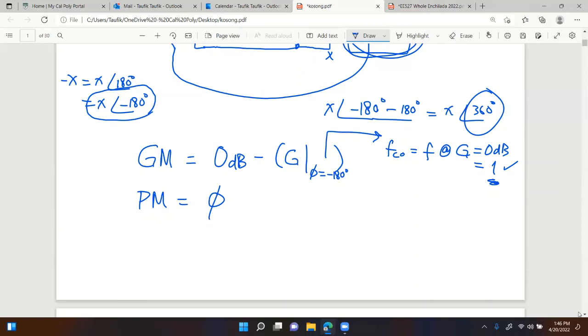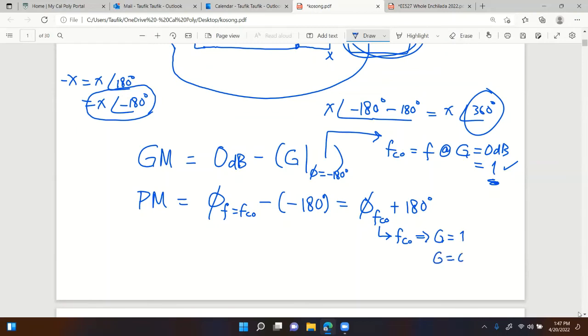And then phase margin is phase angle at the crossover frequency minus minus 180 degrees, which is basically phase angle at crossover frequency plus 180 degrees. And as you know, crossover frequency is special because the gain at crossover frequency is 1 or 0 dB.